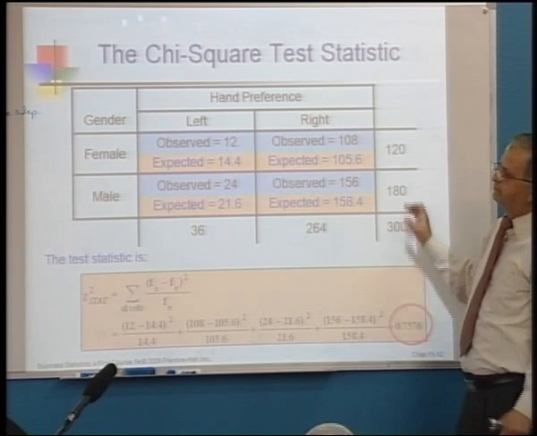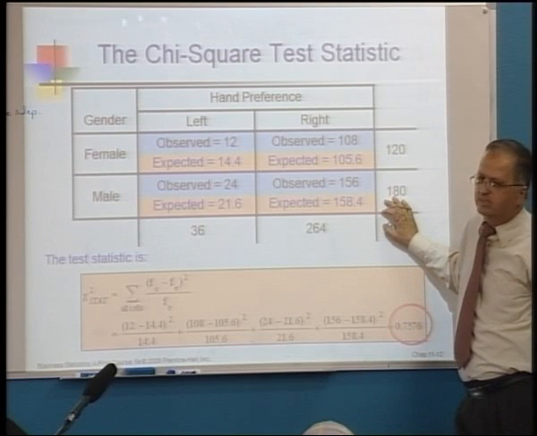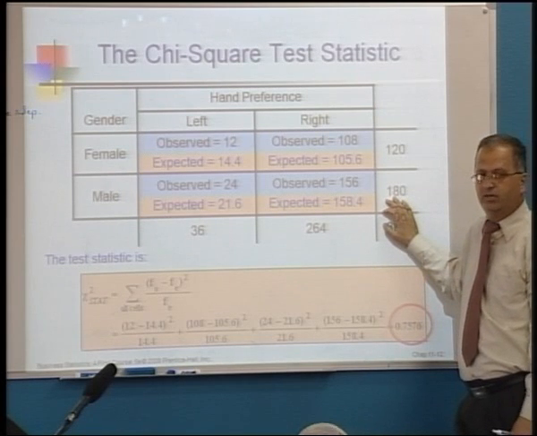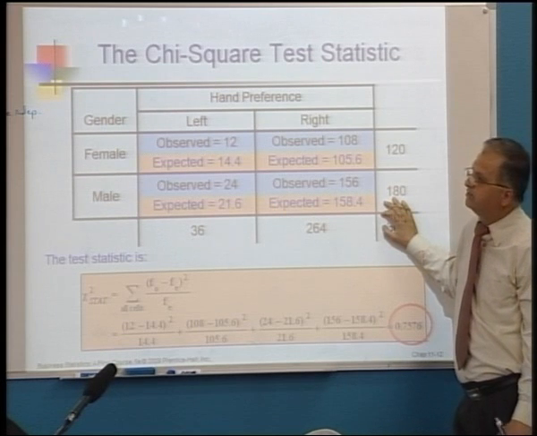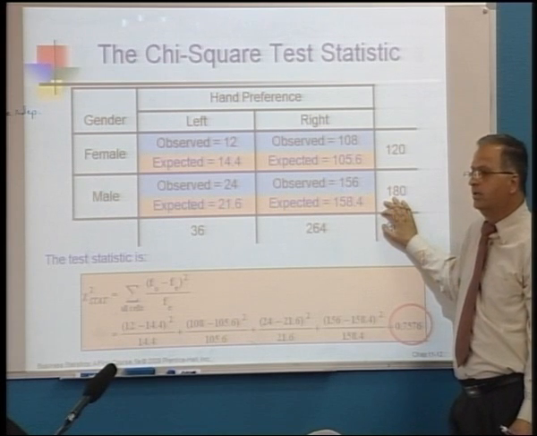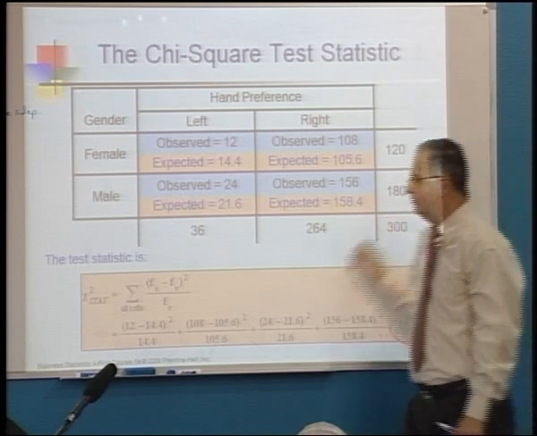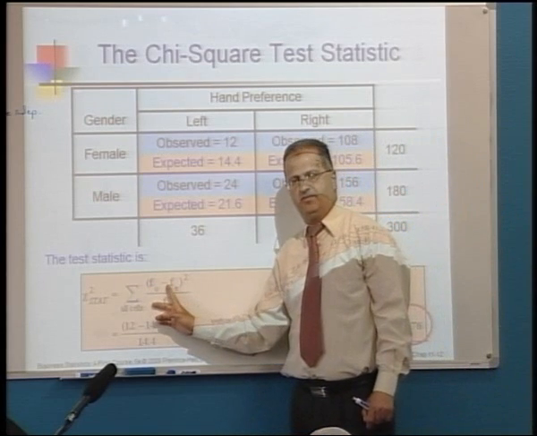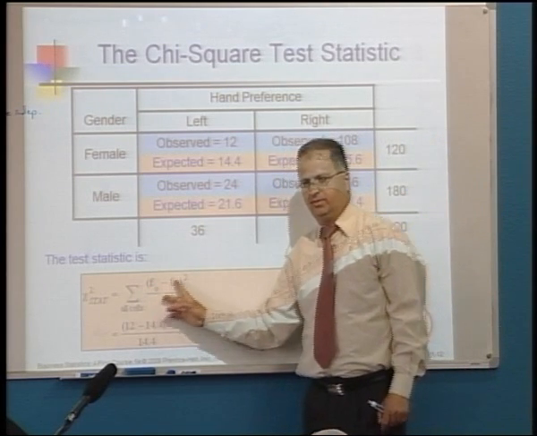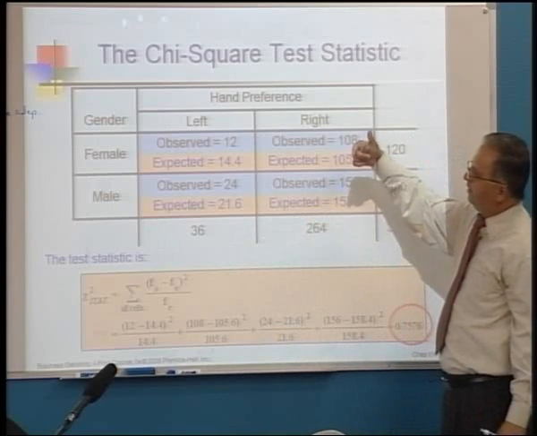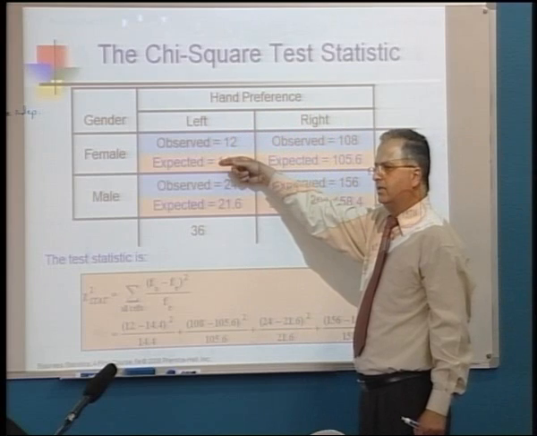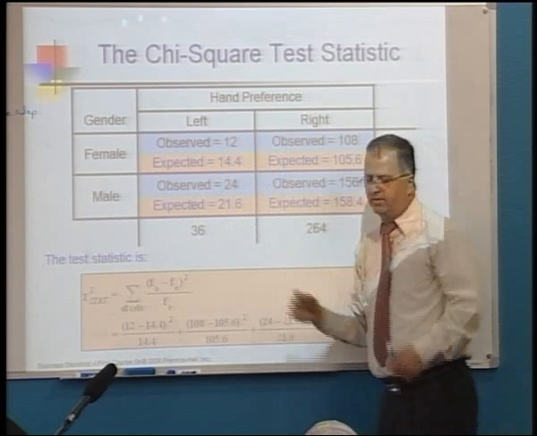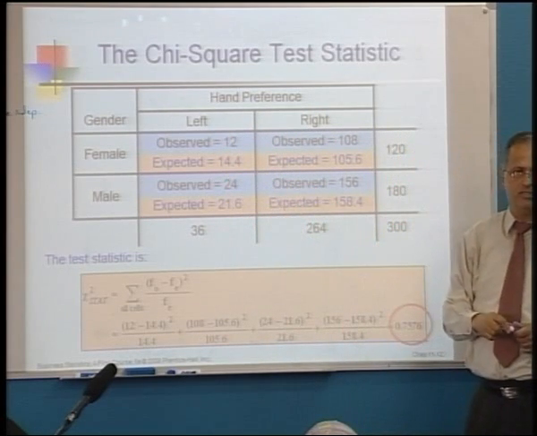In this case, if the chi-square value is very small, I mean close to 0, then we don't reject the null hypothesis. Because the smallest value of chi-square is 0, and 0 happens only if f observed is close to f expected. So here, if you look carefully at the observed and the expected frequencies, you can tell whether you reject or don't reject the null hypothesis.